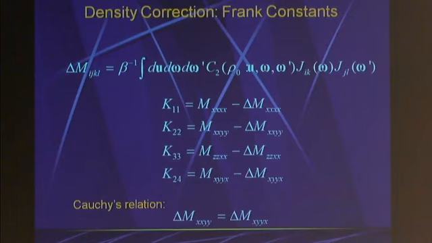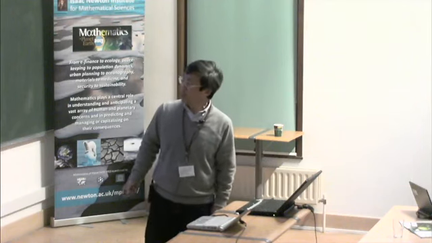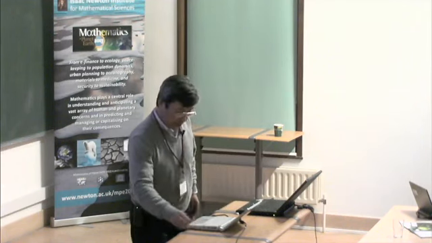And similarly, all those constants are subject to some changes. And here again, we have another Cauchy's relation, which states that xxyy equals xyyx. And that is exactly the counterpart of that symmetrical property at the lowest order.